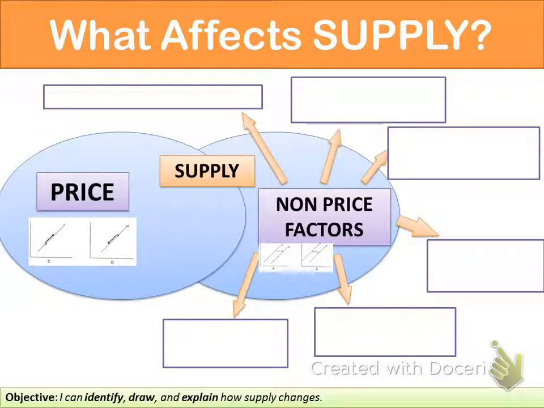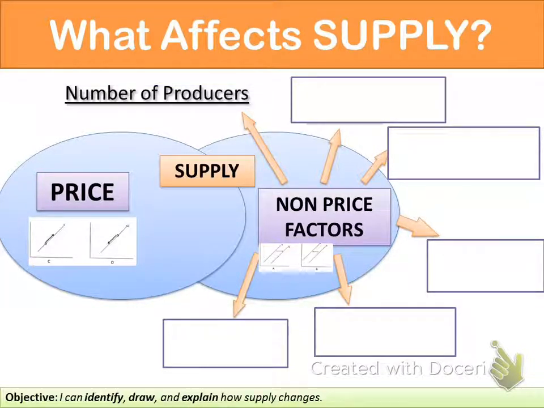Now previously we had drawn this graphic organizer in our notes, and we talked about price and how that affects supply, specifically quantity supplied, and it creates those 2 types of graphs that are shown there. For today we want to look at the non-price factors, and there's 6 non-price factors that affect both demand and supply. Some are similar, but there's 2 different sets.